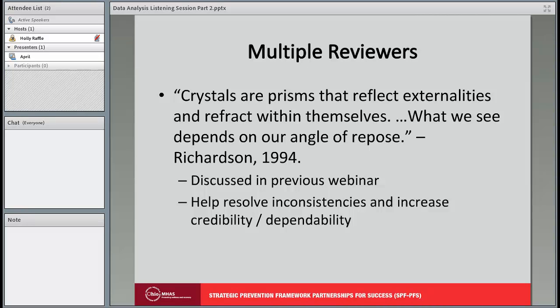And discussing inconsistencies and disagreements between reviewers can help resolve these inconsistencies and increase your credibility and dependability. And it can also help you see the data from a different person's perspective and come up with your theories and themes in a way that's more applicable to a more general audience.